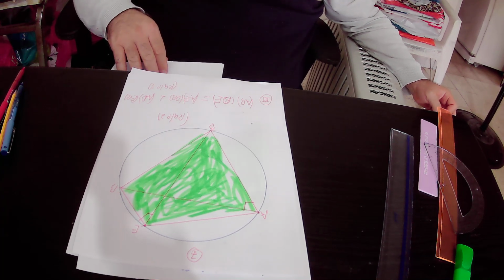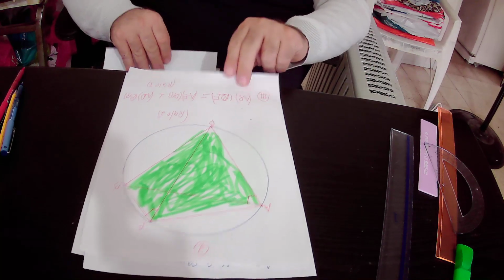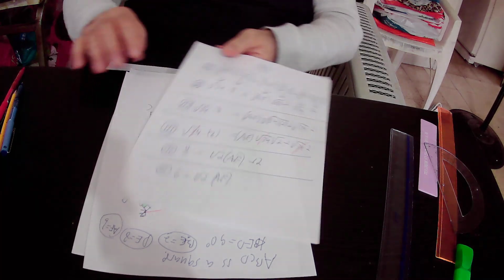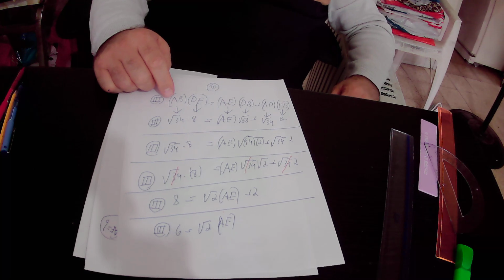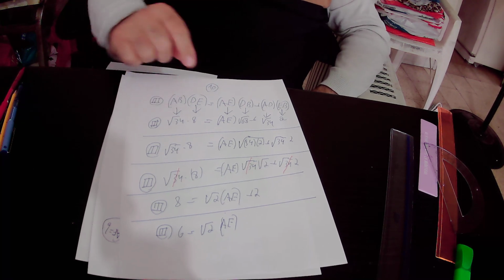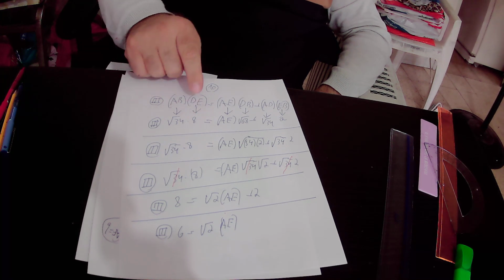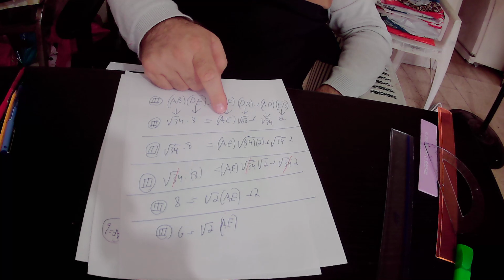Okay, so the only thing left to do is to put the data inside equation number 3. We know that AB equals the square root of 34 units, and DE equals 8 units. It is given in the question. AE is a missing line segment, so we will leave it as it is.